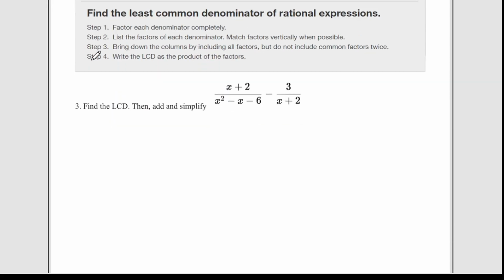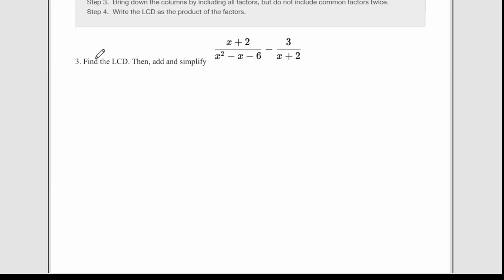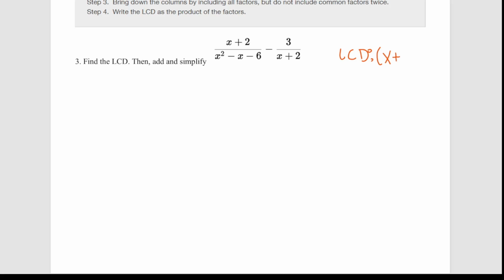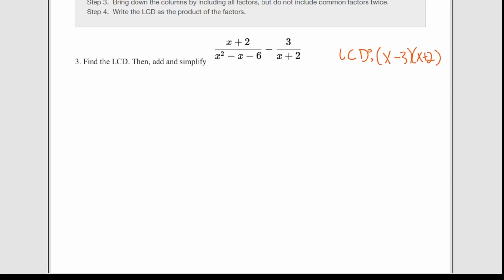So let's go ahead and practice how to then use that knowledge to actually approach either an addition or subtraction of rational expressions problem. So we just acknowledged with this problem that the least common denominator would be x minus 3 times x plus 2. And then it might be helpful to specifically rewrite that first one with that factorized.